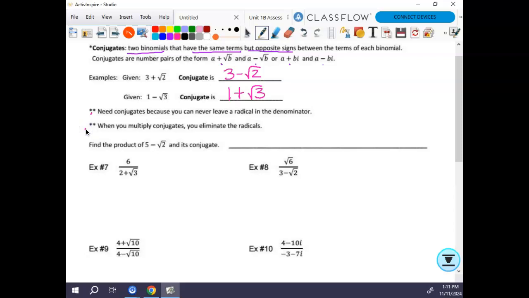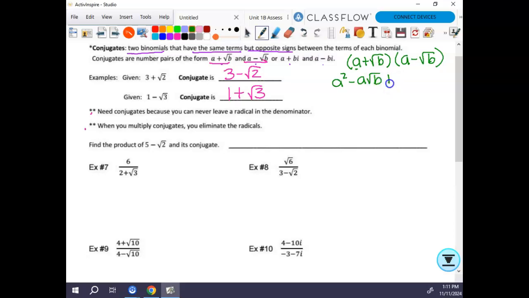And here's what happens. Let's just multiply these two together right here. So a plus the square root of b times a minus the square root of b. To FOIL them, I multiply the first two together. A times a is a squared. The outside two together, so that'd be minus a times the square root of b.